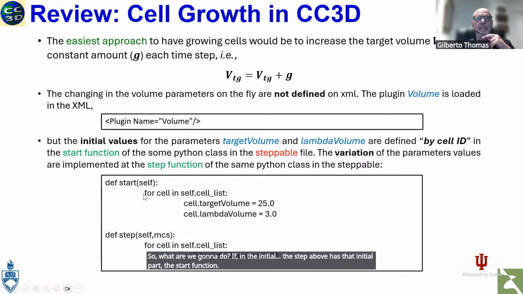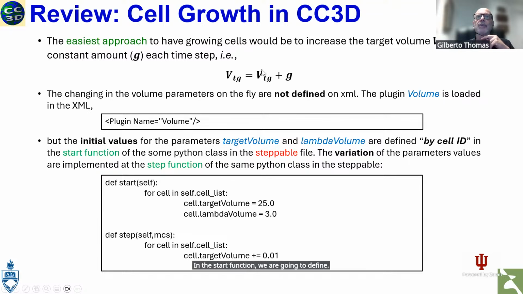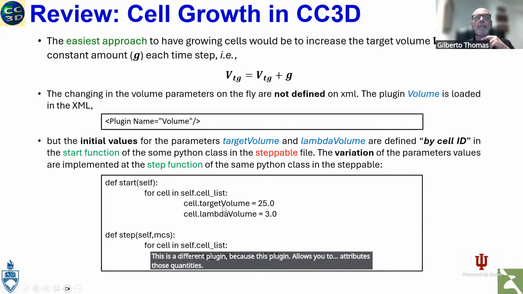In that start function, we are going to define the initial value for the target volume and for the lambda volume for each cell in our simulation. Supposing that we start with many cells, we do a loop over all the cells, and for each cell, we attribute the target volume and some lambda volume.